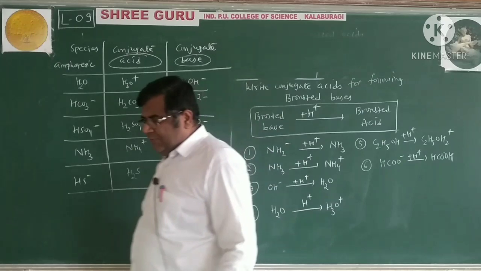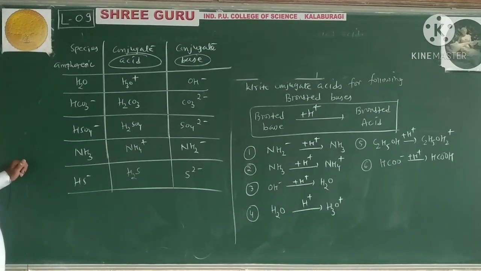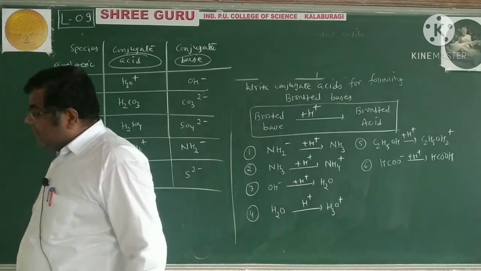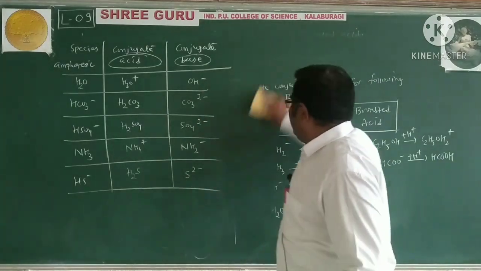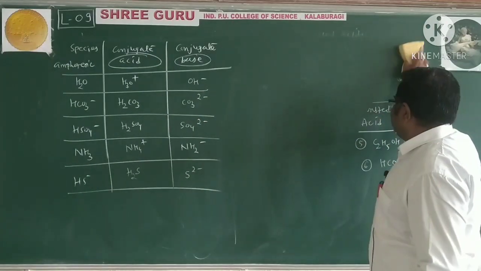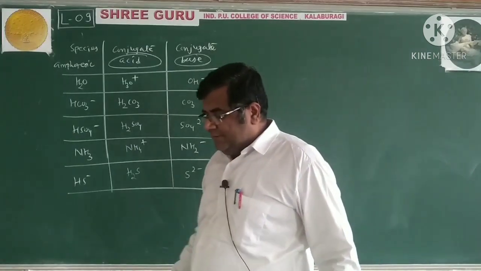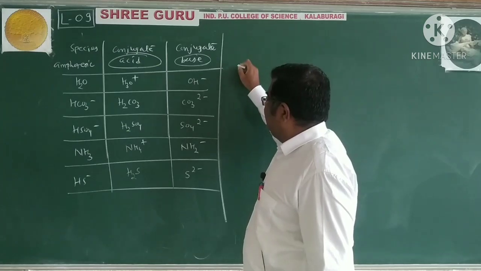So this is also one of the important concepts in the Bronsted concept. Now I will give you 4 or 5 reactions and you have to identify acid 1, base 1, acid 2 and base 2, so that all concepts of this part will be covered.